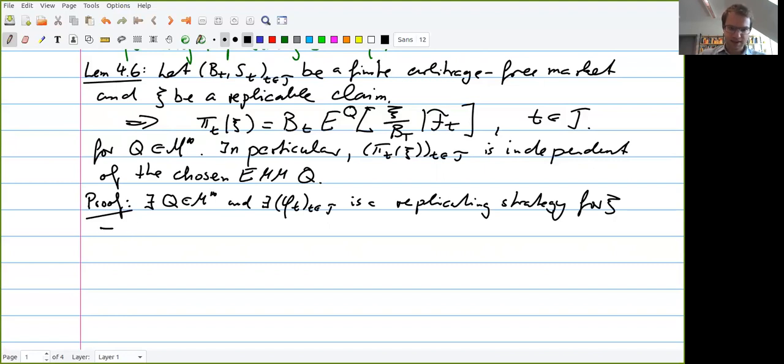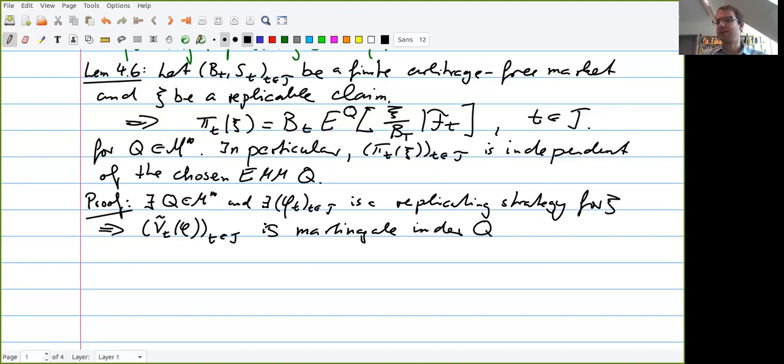And now what we know, if we consider the discounted value process of the self-financing trading strategy, this is a martingale under Q. This was shown by our characterization of martingales, and this is actually an equivalent definition.